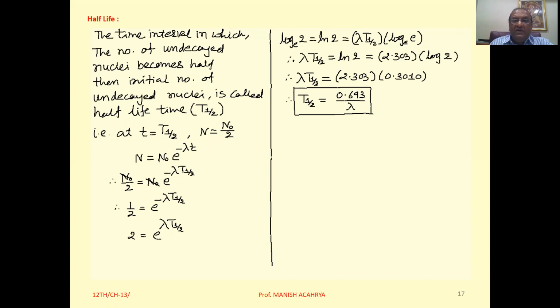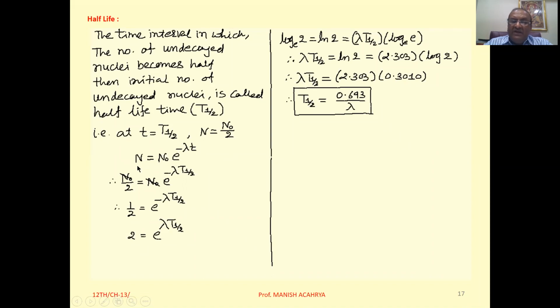That time interval is called half-life, and it is represented by T1 by 2. As per the definition, at time t equal to half-life time, the number of undecayed nuclei becomes n0 by 2.